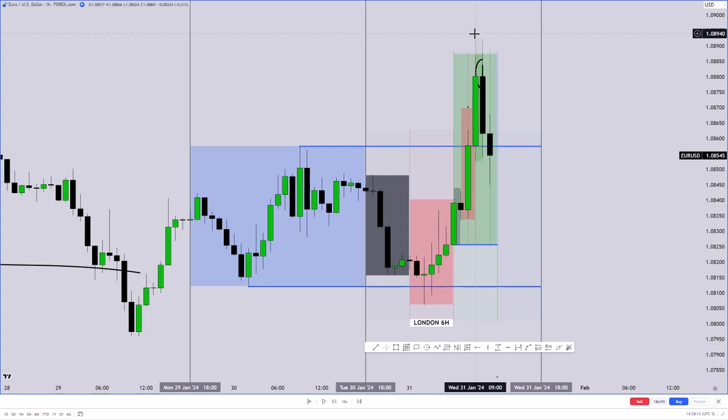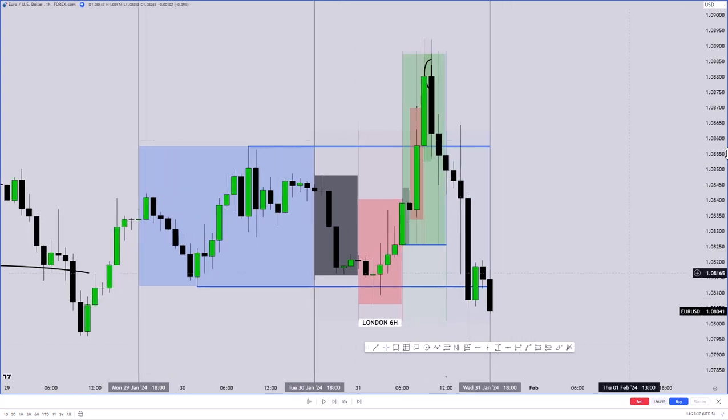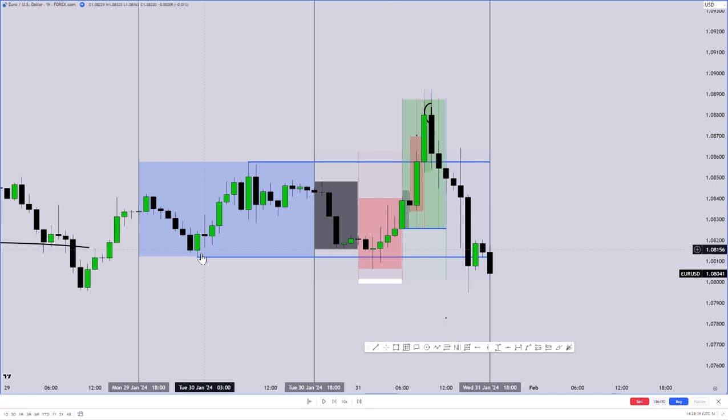So now if I can remove this, right, and then re-add it again to the current day, initially we'd be looking for the same logic. This is the open. This is the previous day range, right? So this is the previous day low. This is the previous day high, right?